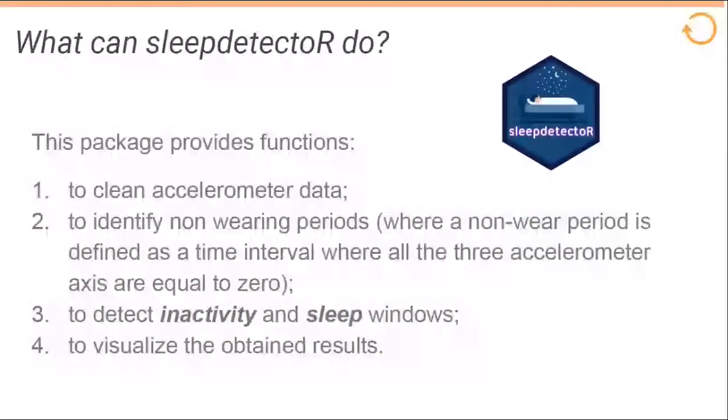So we want to find if there are some pauses in recording, and we call them gaps, or if there are some errors, we name them overlaps of the signals, because maybe there are multiple values for the accelerometer data for the same timestamp.